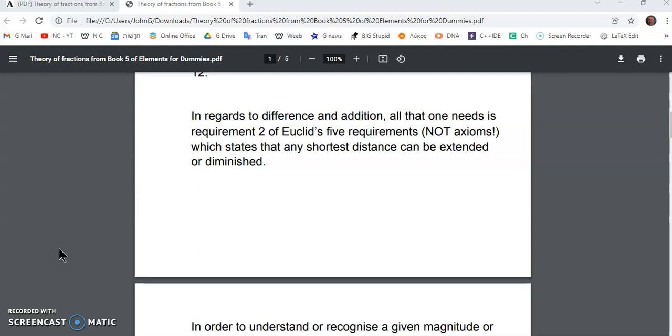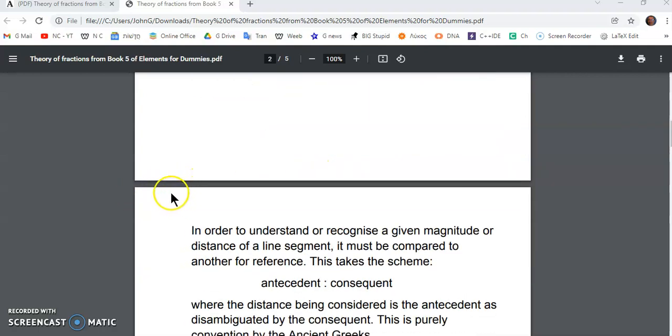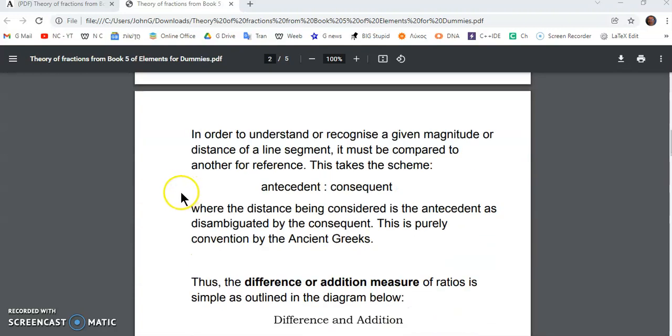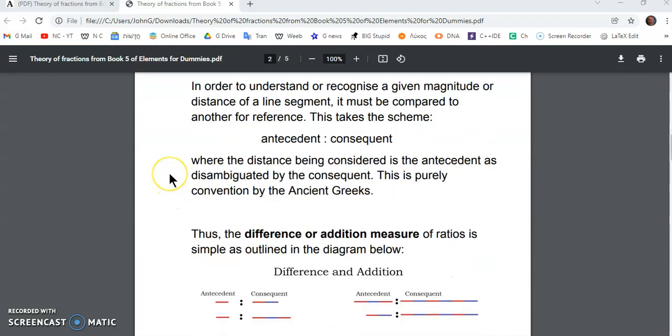You probably haven't seen it that way, but in the form of a straight line can be extended, and therefore also, if it can be extended, it can also be diminished. And that's how you look at the operations of addition and subtraction in book 5. And you use those definitions to derive both division and multiplication, as I shall show you shortly.